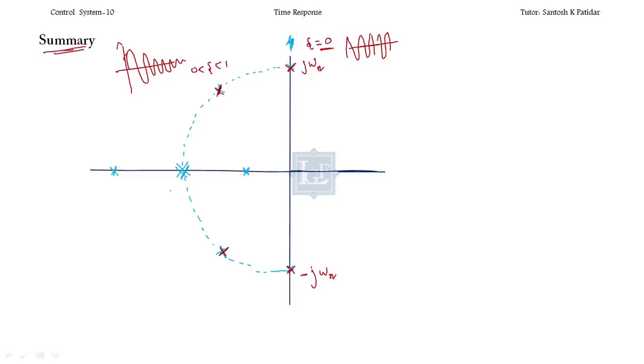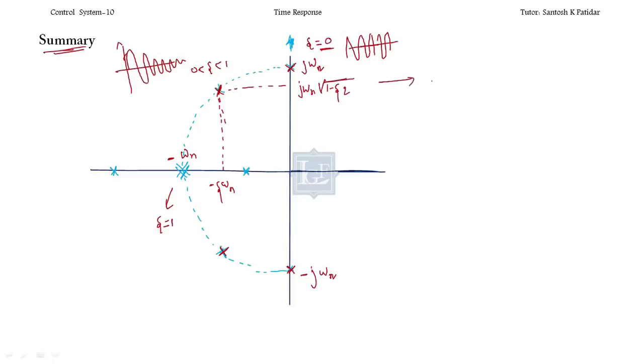Then we got this value at zeta equal to 1 exactly. If you remember, at zeta equal to 1, we got two values, minus omega n, minus omega n. And if you remember, these are the complex poles given over here, and the real part was zeta omega n, and the frequency part we got is j omega n square root of 1 minus zeta square.